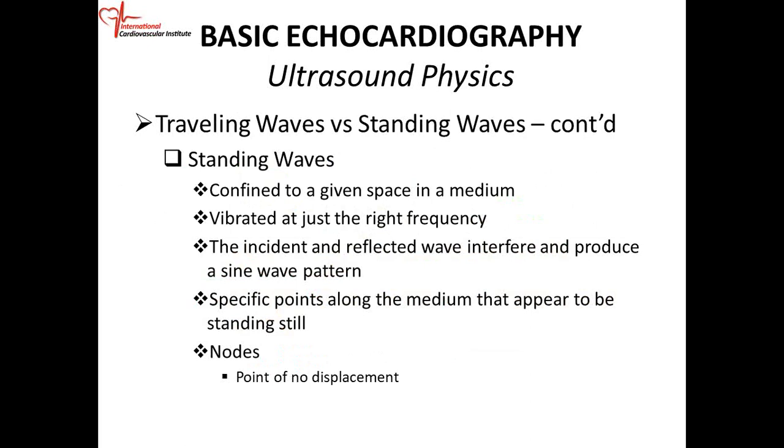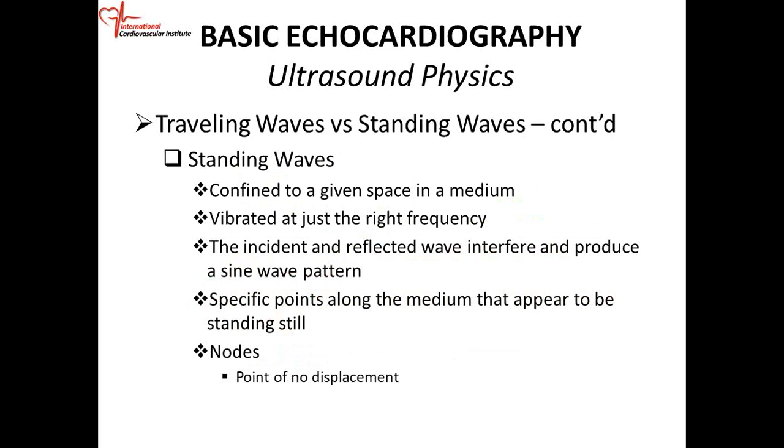And when we look at it, we talk about nodes and antinodes. The nodes are points of no displacement, and the antinodes are points of maximum displacement. So the concept is, everybody knows about a traveling wave. It's your regular wave. But a standing wave, and again, it's not actually a wave, we call it a standing wave.